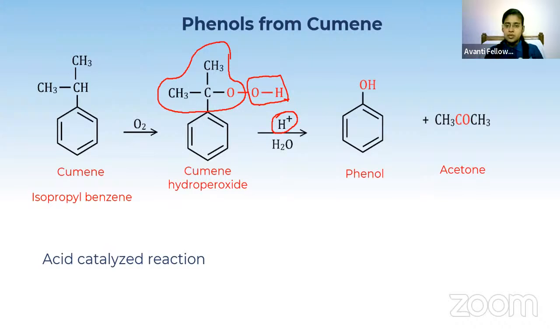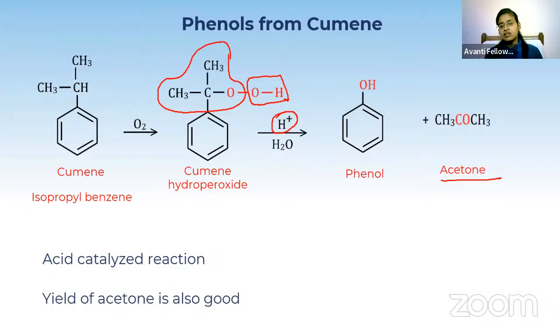And from this preparation, the acetone formed is very, very good in yield, so we can get a good amount of acetone along with the phenol. So these are the 4 methods of preparation of phenol.